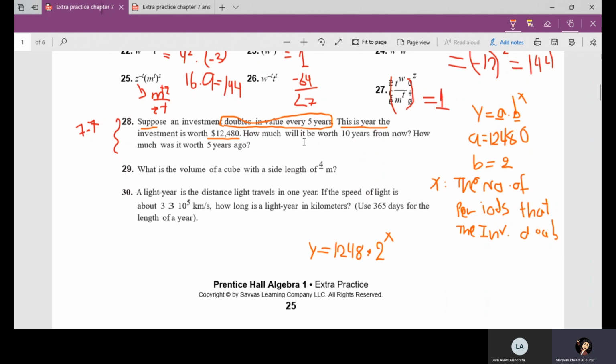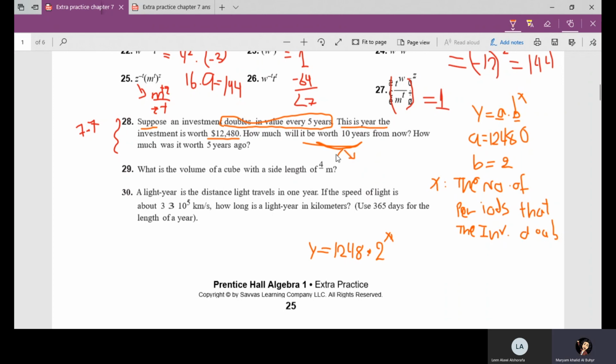So now, how much will it be worth in 10 years? But I'm not going to substitute 10 here, because it doubles in value every 5 years. So how many 5s are there in this 10? It's 2.